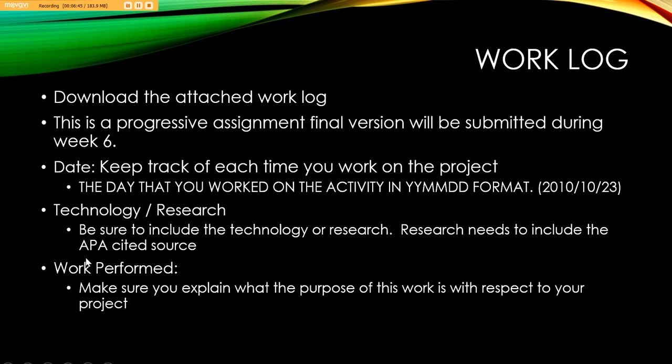Research needs to include a full APA cited source. So, for instance, you could do the in-text citation and put the full reference somewhere else. You're going to need that when you get ready to build your paper. And then explain the work you performed on the project.